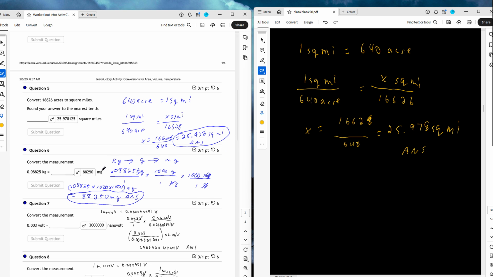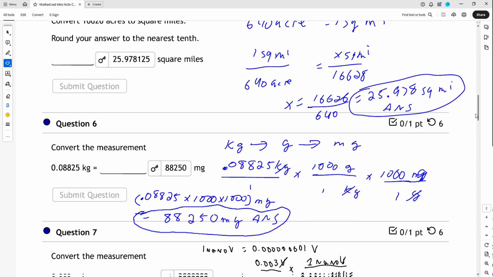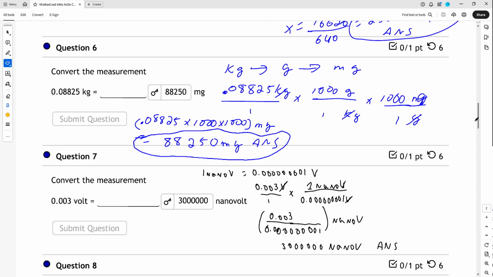Number 6 here. Convert the measurement. This one here, going from kilograms to milligrams. So I convert from kilograms to grams and then go from grams to milligrams.